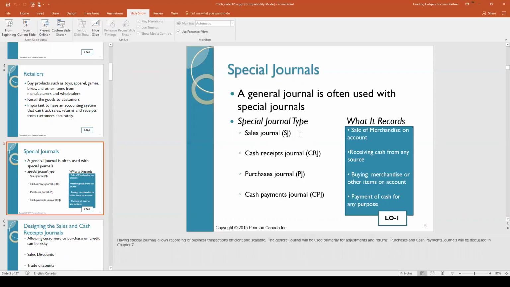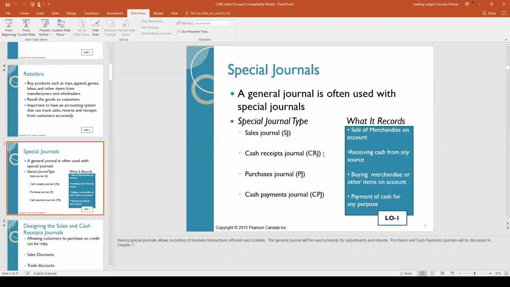Whenever there's a purchase on credit, so in this case it's triggering an accounts payable, you put it through the purchase journal. Or to put it another way, anytime the company is receiving some form of cash, it will go into the cash receipts journal. That could be a customer paying their bills, so paying off their accounts receivable.